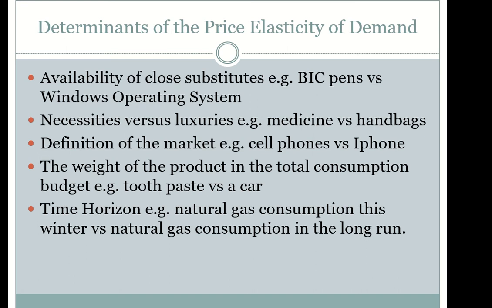We just want to have an idea of how elastic a product is. This is when we can rely on some rules of thumb, or some determinants of the price elasticity of demand. The first factor that can affect the price elasticity of demand is the availability of close substitutes.